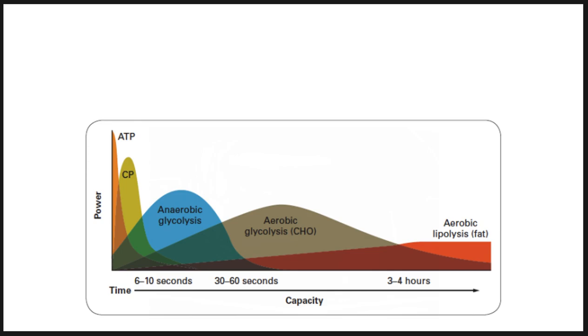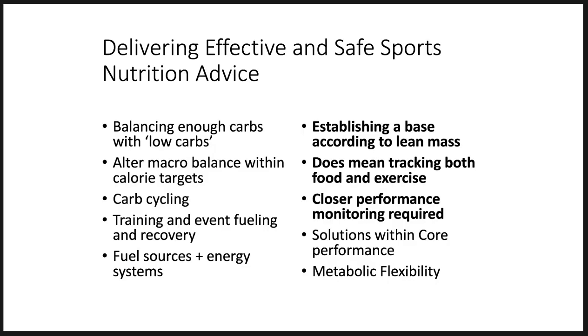So systems won't obviously be working all on their own. There's just going to be a massive crossover. So all systems need to be optimally supported, optimally trained, and optimally replenished at the right time. So we always want to deliver safe and effective sports nutrition advice.